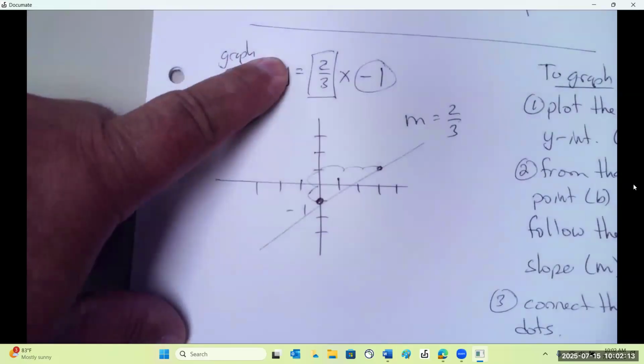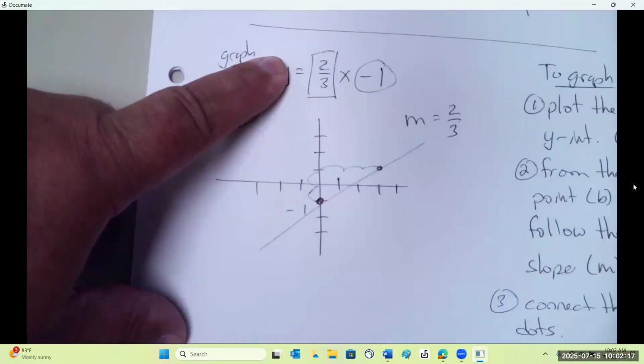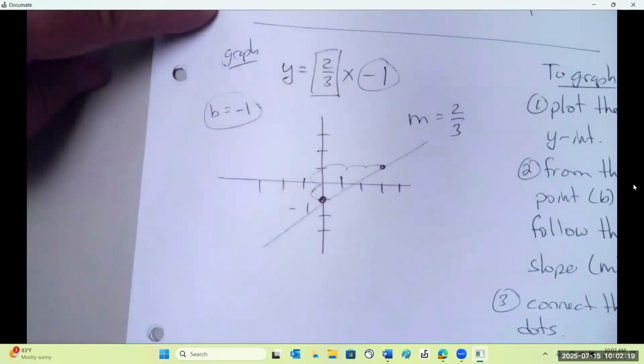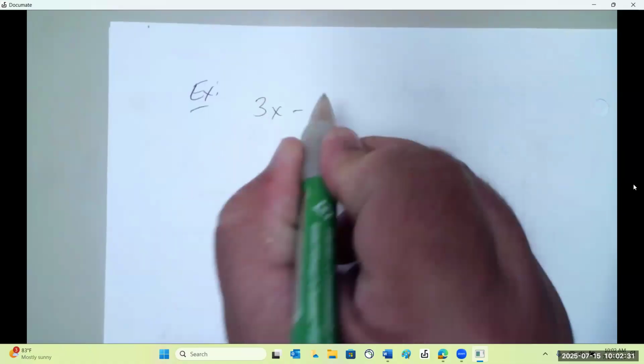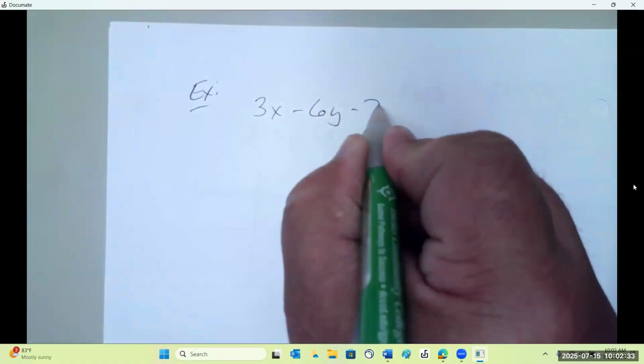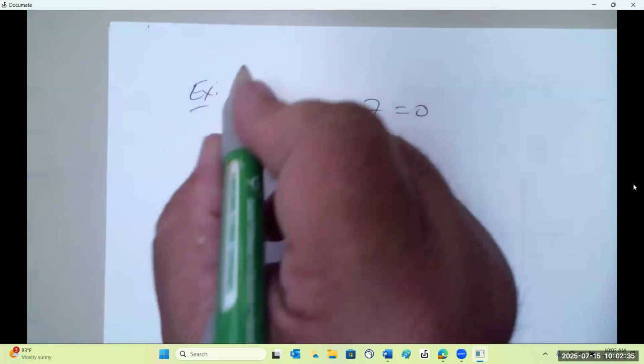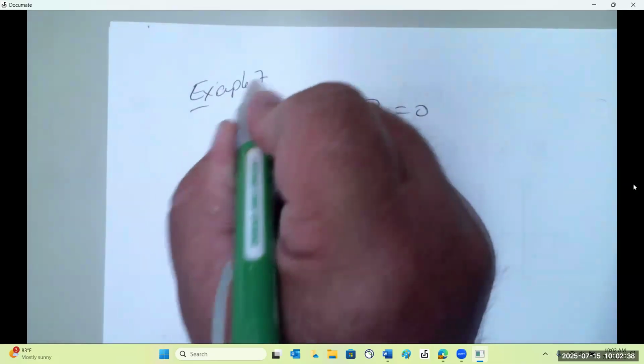That's if I gave it to you in this form. There we go, written down. What if I gave it to you in this form? 3x minus 6y minus 7 equals 0. This is example 7.